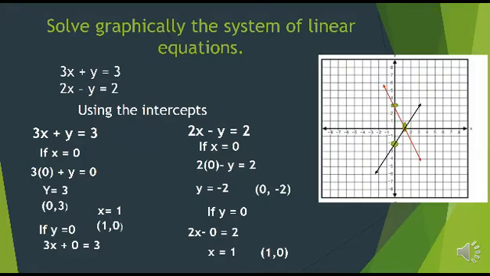So our graph illustrates that the point of intersection, or the solution, is (1, 0). When we say solution, that is the point of intersection. The coordinate of the point of intersection is (1, 0).